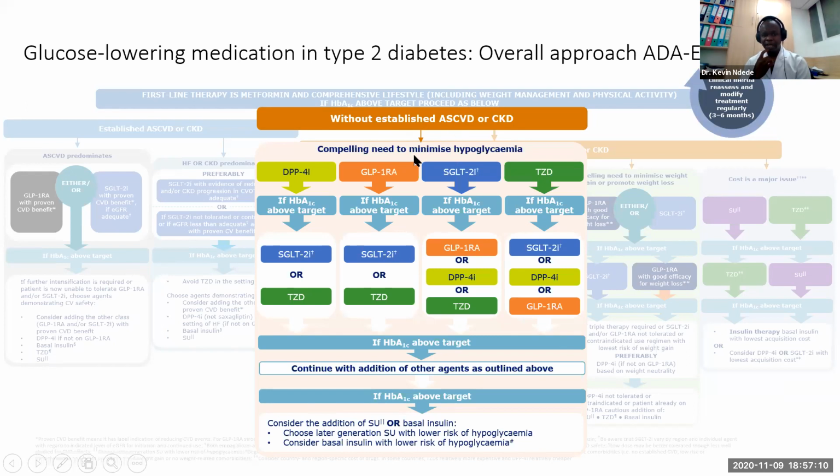So if you probably have an older individual who is at higher risk of hypoglycemia, or an individual who for some reason may have challenges with feeding, then we pick the options that will give us less risk of hypoglycemia. And so the lists are, you can start with any of the top ones on the list, and then if you do not achieve target, then you can add subsequently.